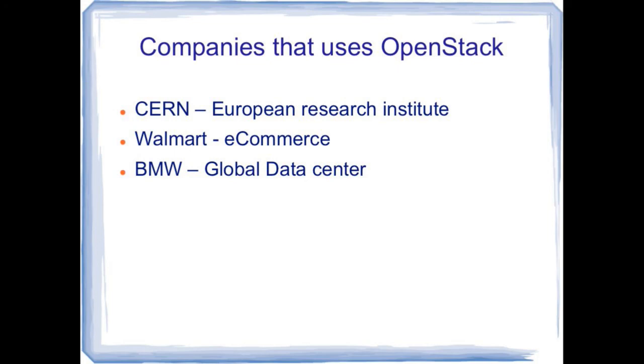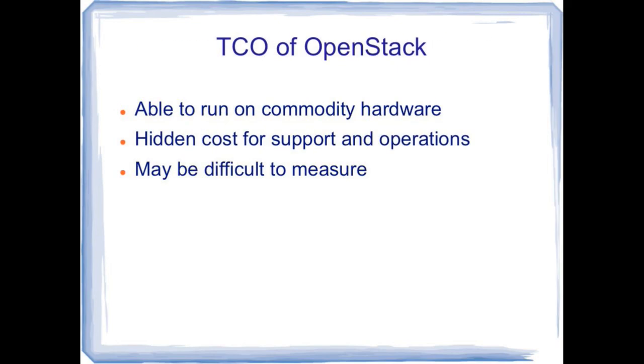They had tried to have a homegrown private cloud, but then they said OpenStack has good APIs and data structure as well as no licensing. So that's why they moved to OpenStack. And BMW claims to have 25% cost efficiency over its competitor.